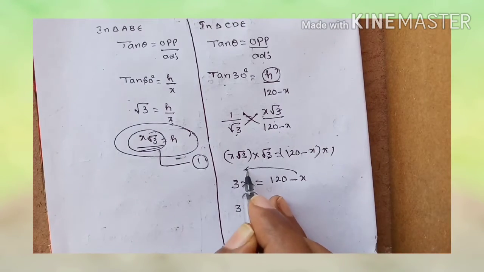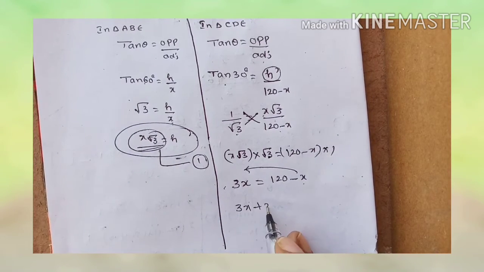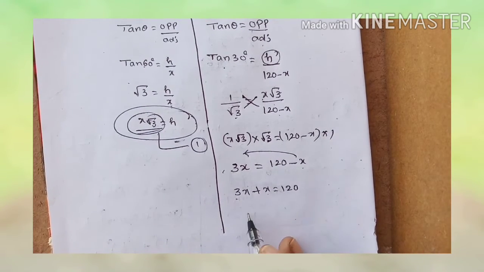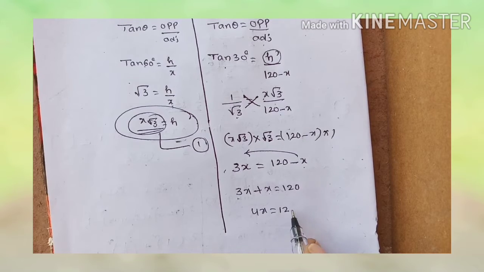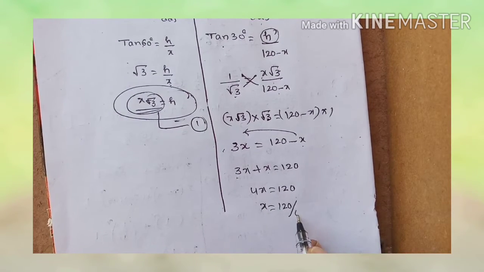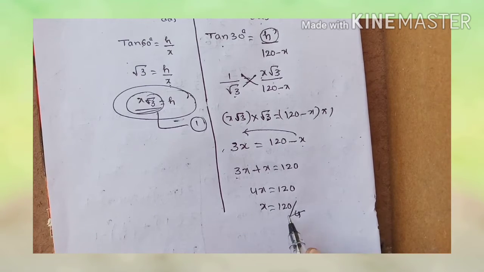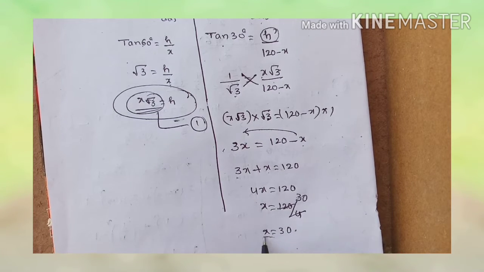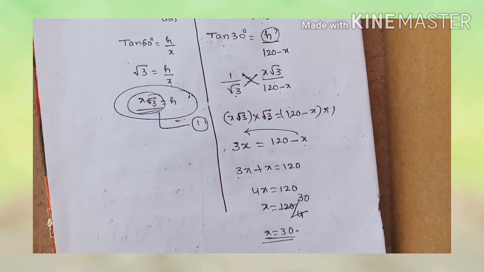Transposing, 3x plus x equals 120, so 4x equals 120, and the value of x equals 120 by 4, which is 30. The value of x is 30.